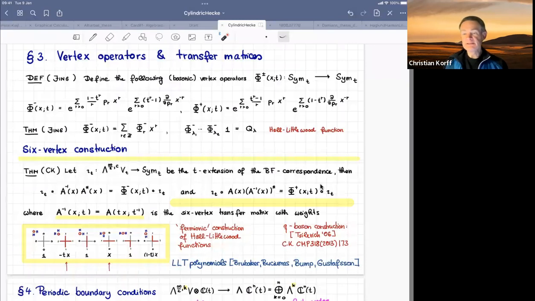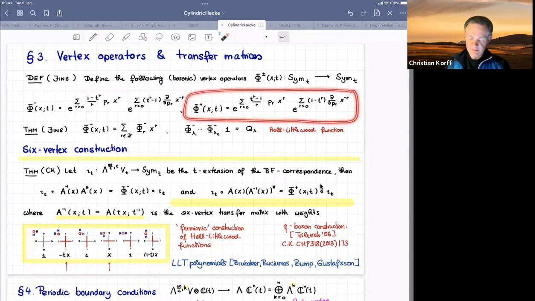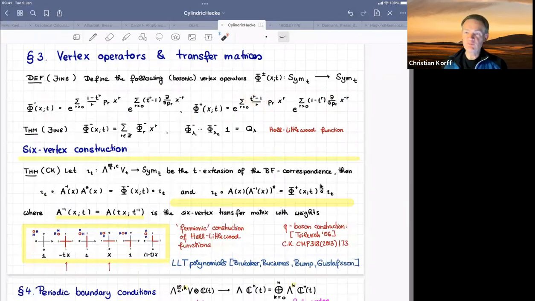They then match precisely the bosonic vertex operators which were written down by Jing. Jing wrote down these vertex operators in terms of power sums. You can, for instance, also find them in Macdonald's book on symmetric functions. You can see here that these are exponentials which involve multiplication by power sums and differentiation with respect to power sums. And they have these additional factors which involve powers of t, which come from the plethystic variable substitution which we have done.